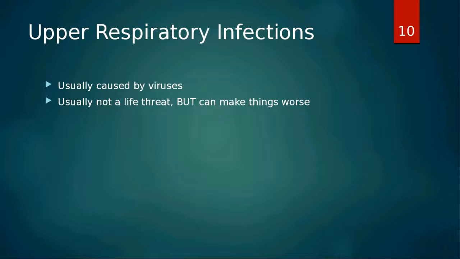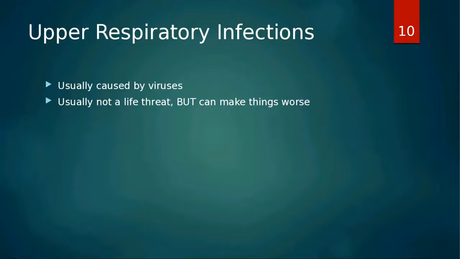Bacterial infections in the upper respiratory system are less common than viral infections, and typically the bacteria like to go to the pharynx or the tonsils. In this way, if the patient gets pharyngitis or tonsillitis, there's usually not a runny nose or a cough.